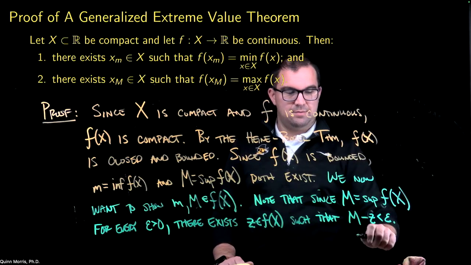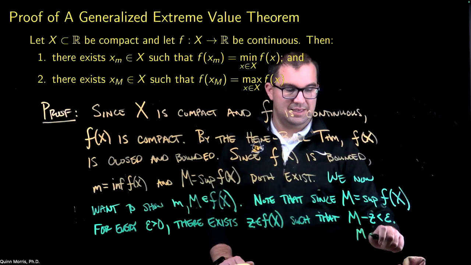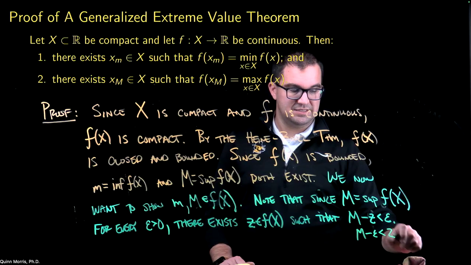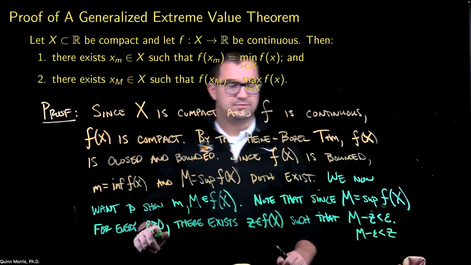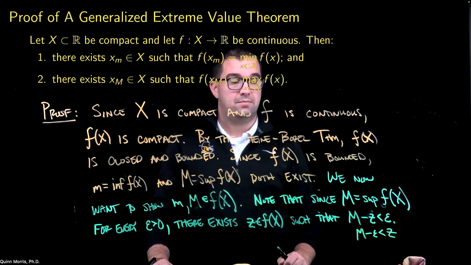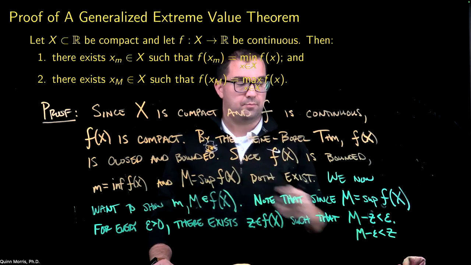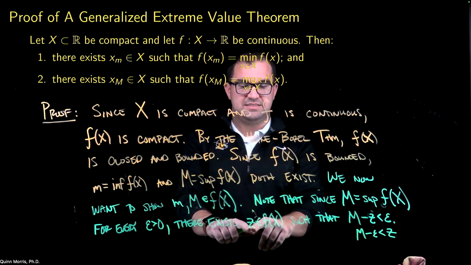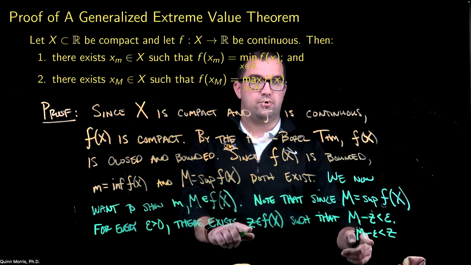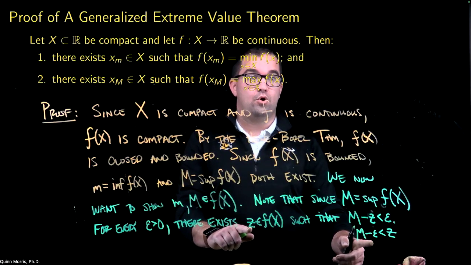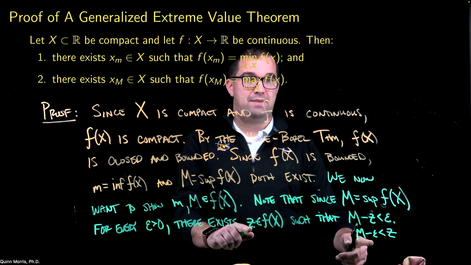So if I look at this claim here, I could actually rewrite this as m minus epsilon is less than z. So the idea here is for any epsilon, if you tried to claim m minus epsilon, something a little bit smaller than m, was an upper bound, you'd have a problem because there's always going to exist something in your set that's bigger than that bound you're trying to take.